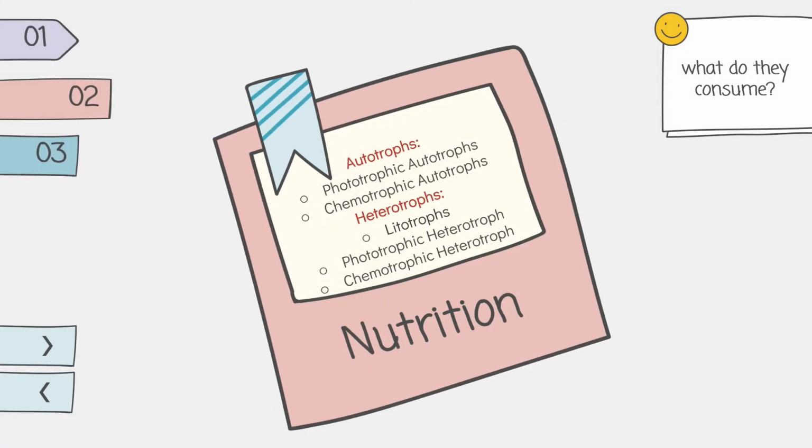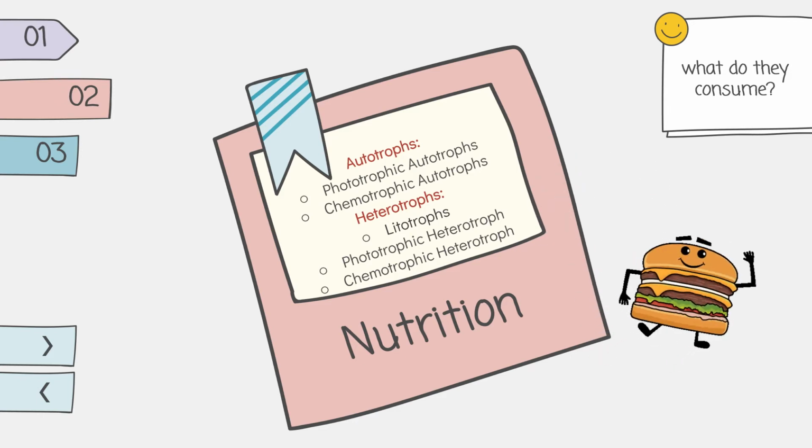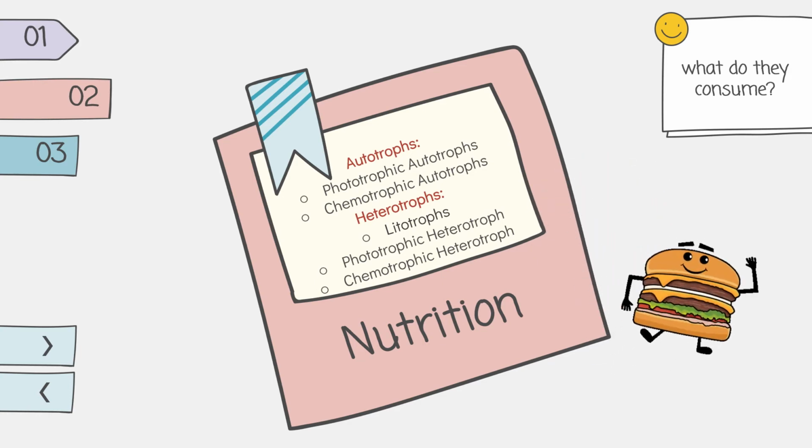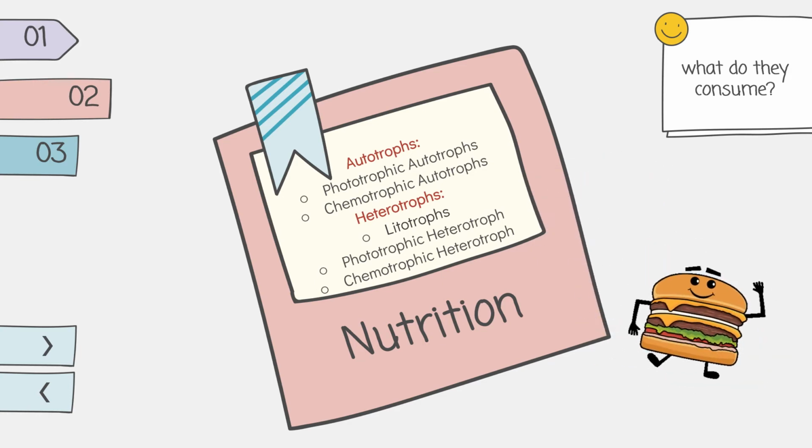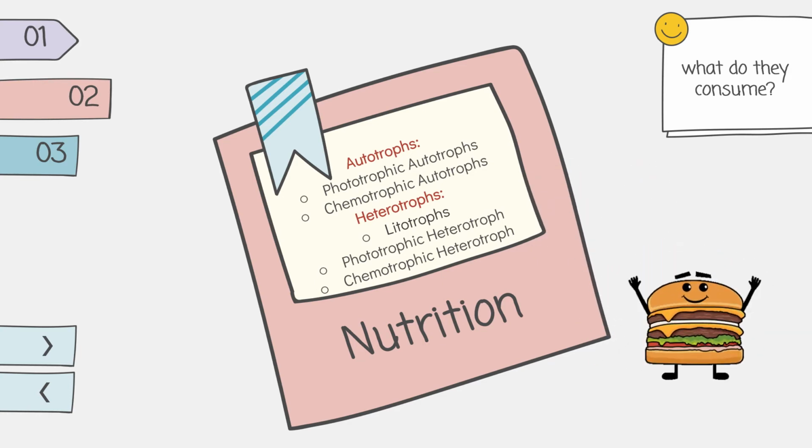Some monerans are autotrophs and some are heterotrophs. Autotrophs make their own food, while heterotrophs cannot produce their own food, therefore they must obtain it from the environment. Examples of autotrophs are phototrophic autotrophs, which gain energy from photosynthesis, and chemotrophic autotrophs, which obtain energy from inorganic molecules such as hydrogen sulfide.